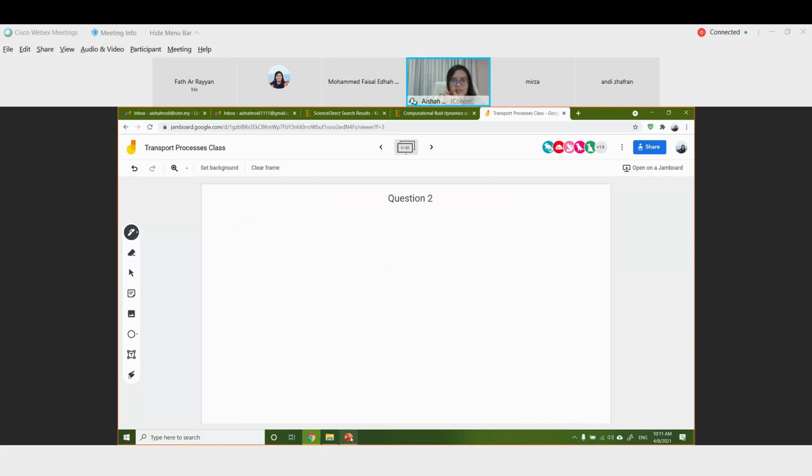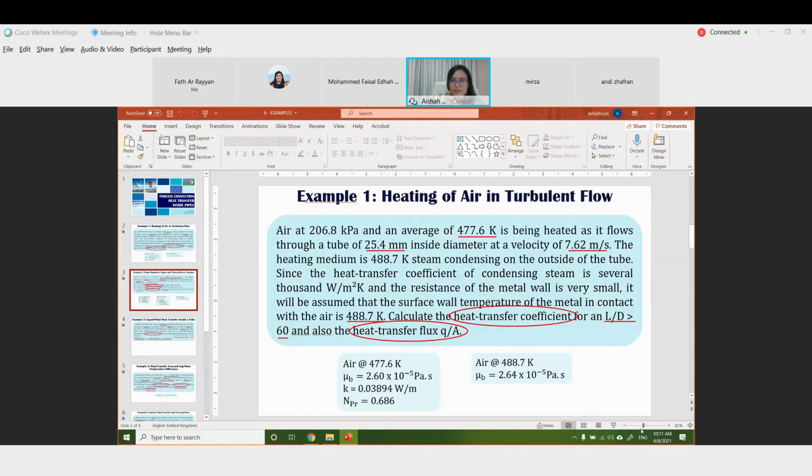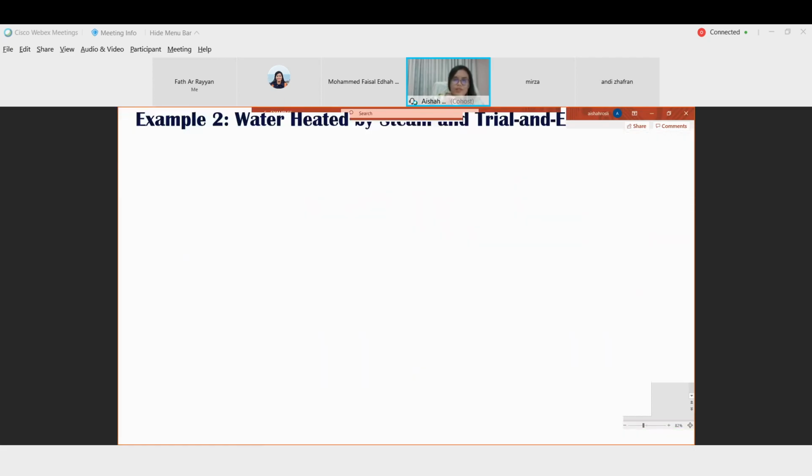So I'll share again the slide just now. Okay, so in this case, we have water that is heated by steam. Because this water is heated by steam, the steam will be in the surroundings, which means that convection heat transfer occurs in this case.